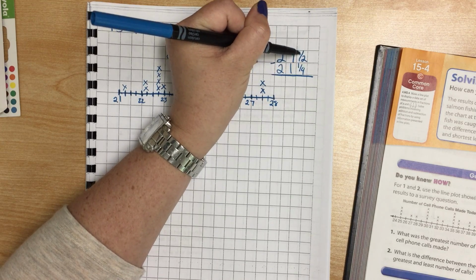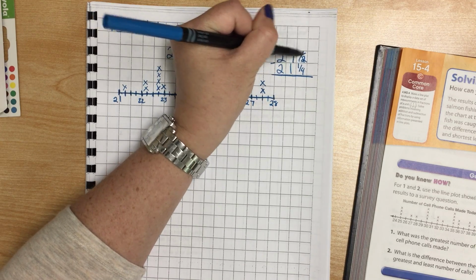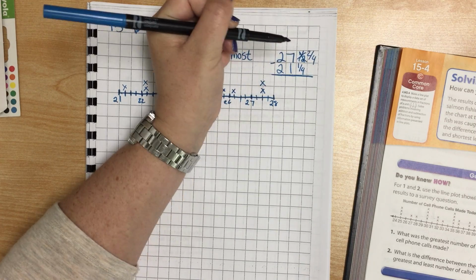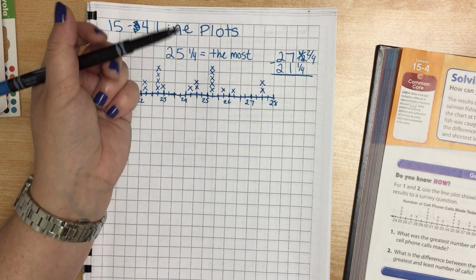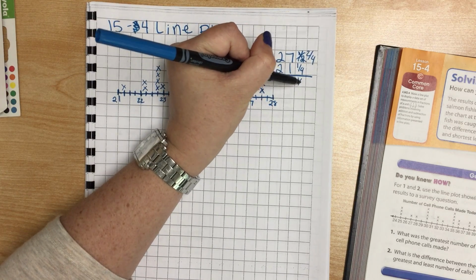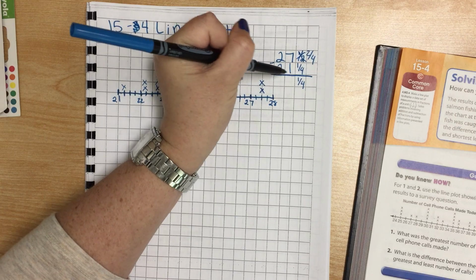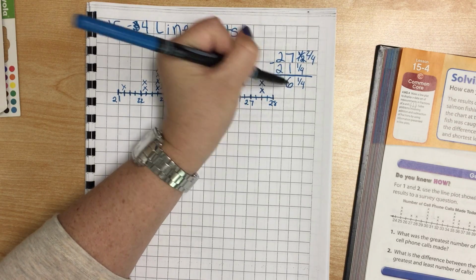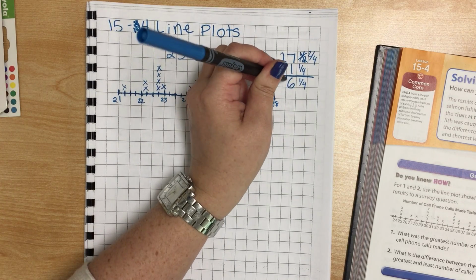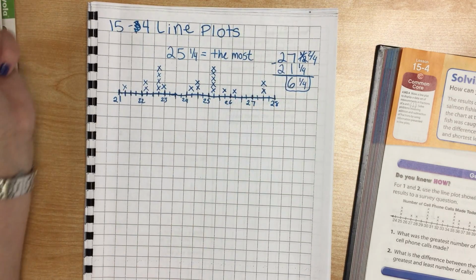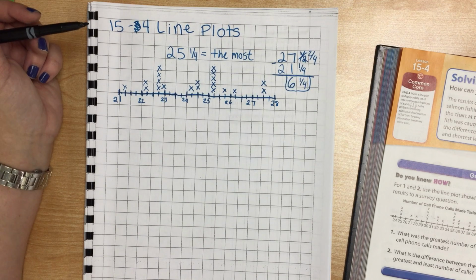So 1/2 becomes 2/4. Well, now I can subtract. 2/4 minus 1/4 is 1/4. 27 minus 21 is 6. So the difference between the longest and the shortest is 6 and 1/4 inches.